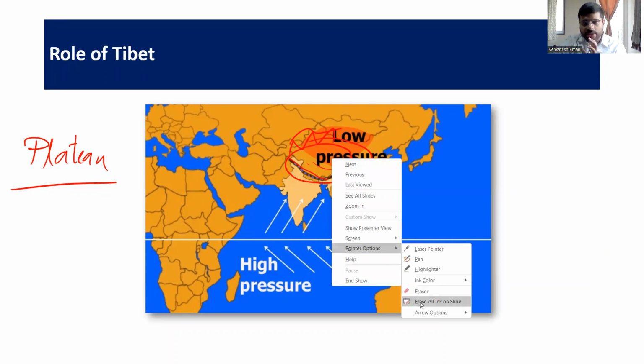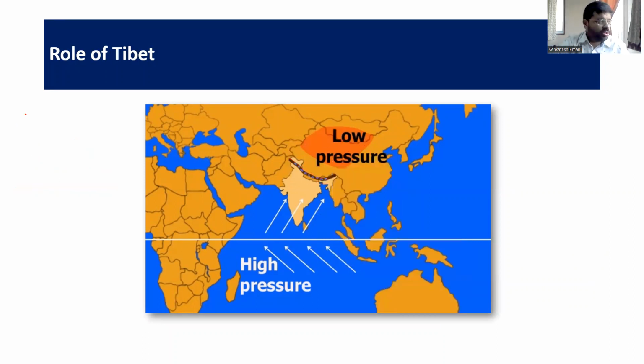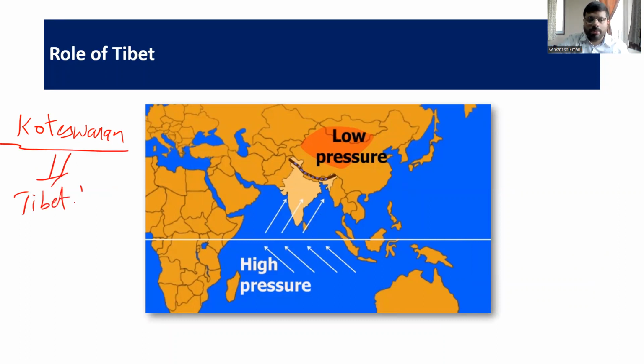What is the role of Tibet? There is a scientist or climatologist who studied it, by the name Koteshwaran. He observed Tibet's location in terms of the mountains surrounding it. So it's a flat land surrounded by mountains, but with more elevation.